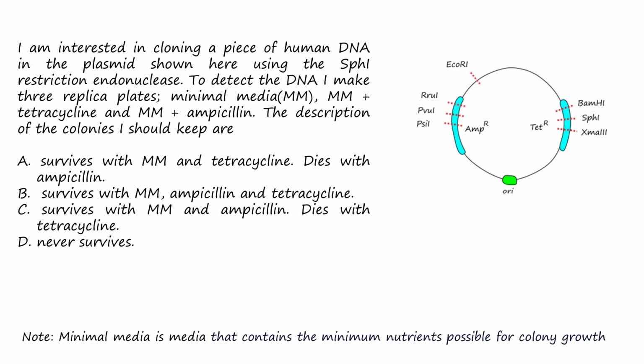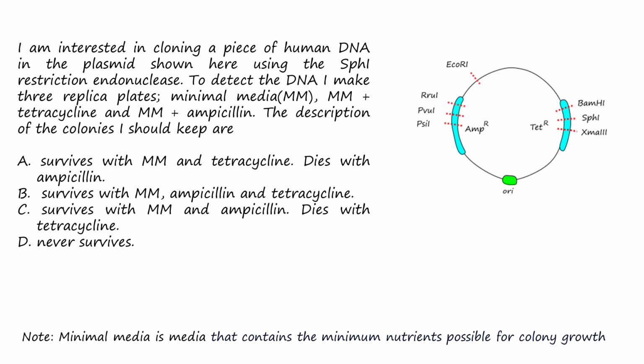Question 7. I am interested in cloning a piece of human DNA in the plasmid shown here using the SphI restriction endonuclease. To detect the DNA, I make 3 replica plates: minimal media, minimal media plus tetracycline, and minimal media plus ampicillin.